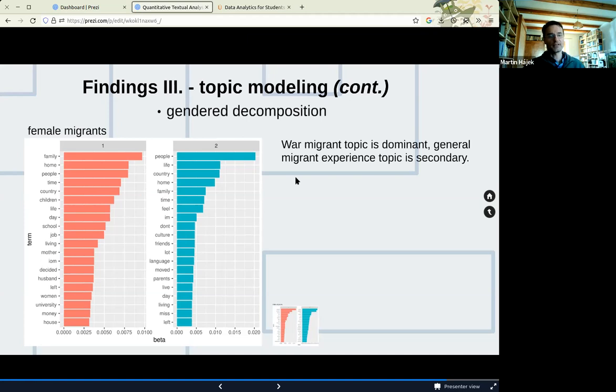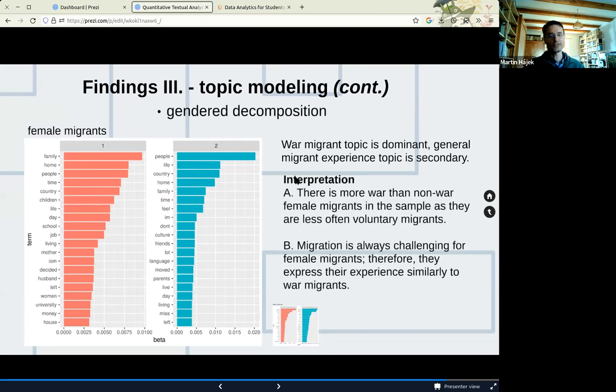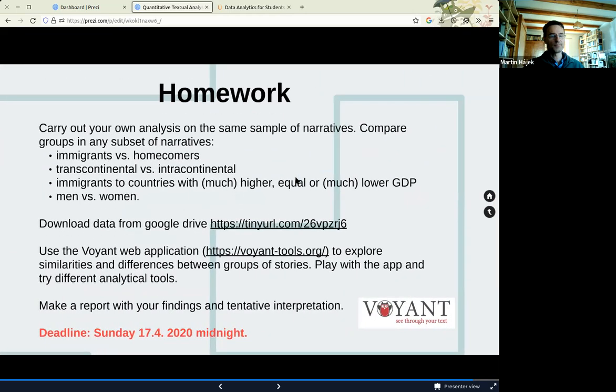It was striking for me that it was reversed, while in the general corpus the general migrant experience topic was predominant, in female migrants it was the war-like topic. So the interpretation could be that there are more war female migrants in the sample, but also that migration is more challenging for women.